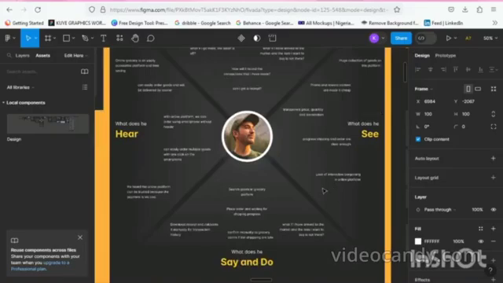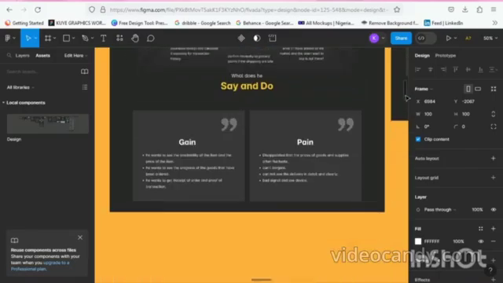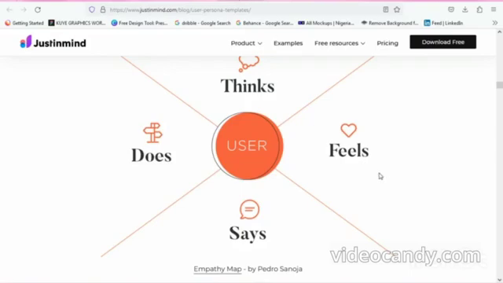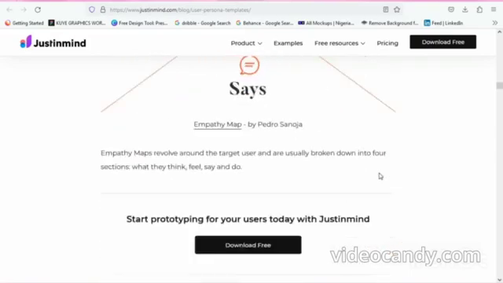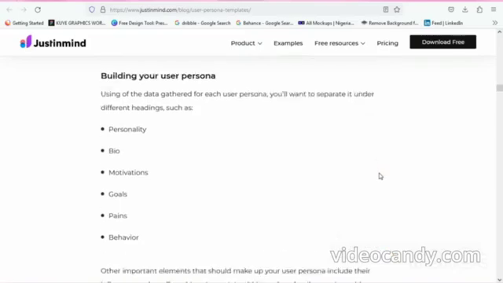What are they thinking? What are they saying? What did they do? Oh, me, I'm a banker. I don't like it. Me, I use First Bank or any bank that I can see physically. Me, I cannot do all this bank like OPay or PalmPay or anything, I will not be able to complain. Those are kind of things that you find in empathy mapping. You try to feel them.